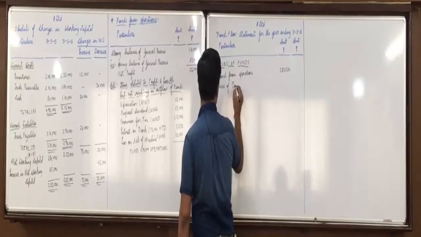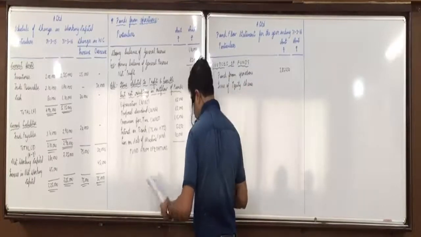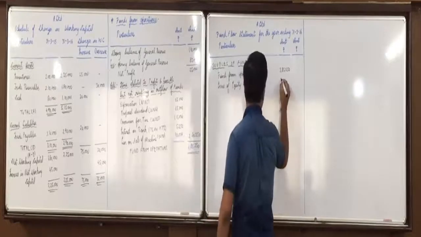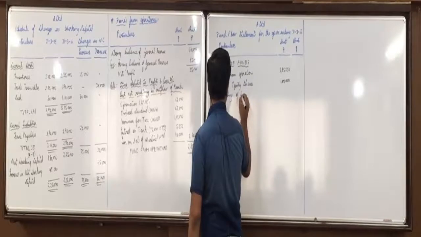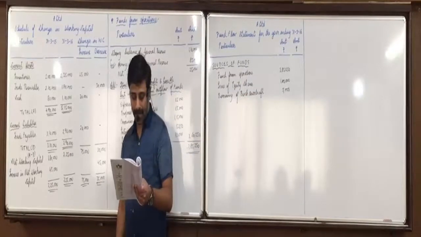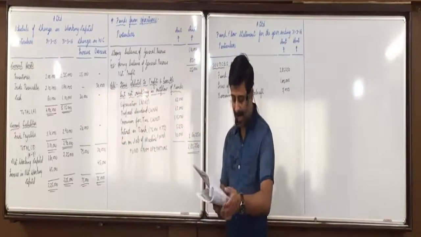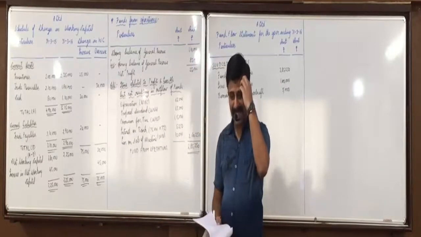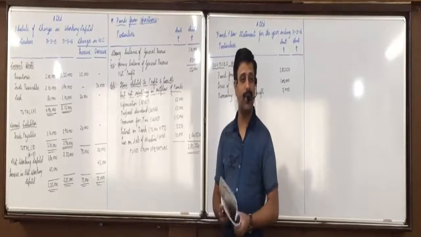Yes, what else? What will we write? Issue of equity shares. Did you understand this? Issue of equity shares, that is 1 lakh. Then borrowing of bank overdraft, 5,000. Adjustment 1, we have not done the marking, but the machine was sold for 30,000 as S. If you have sold a machine for 30,000, is that also a source of fund or not?